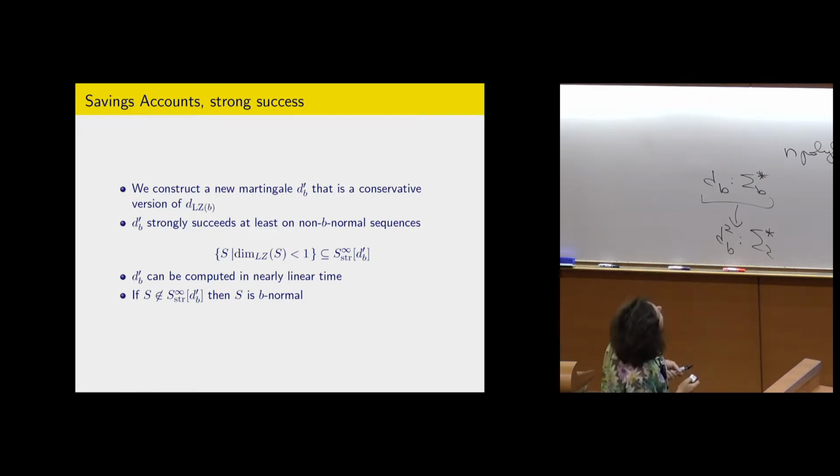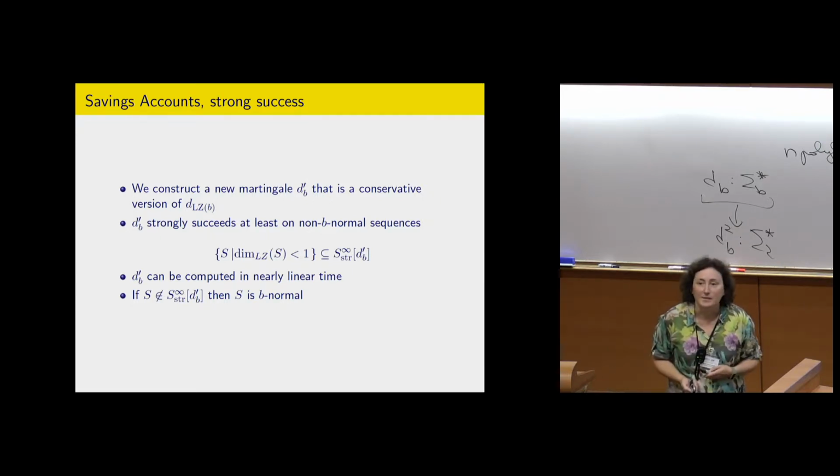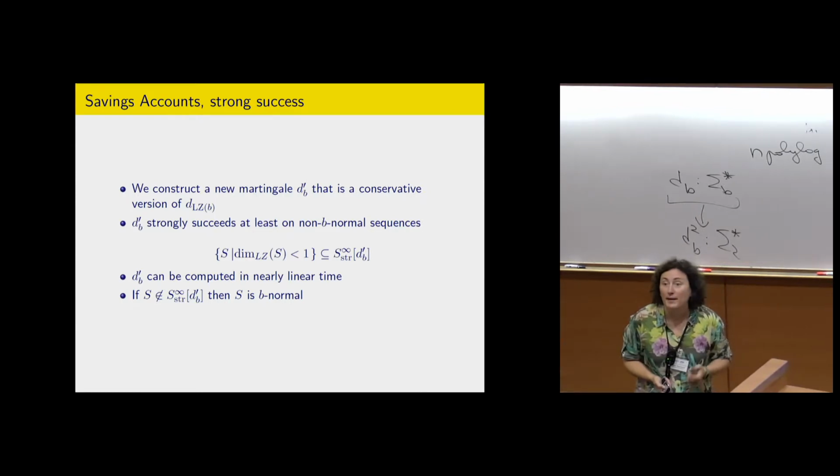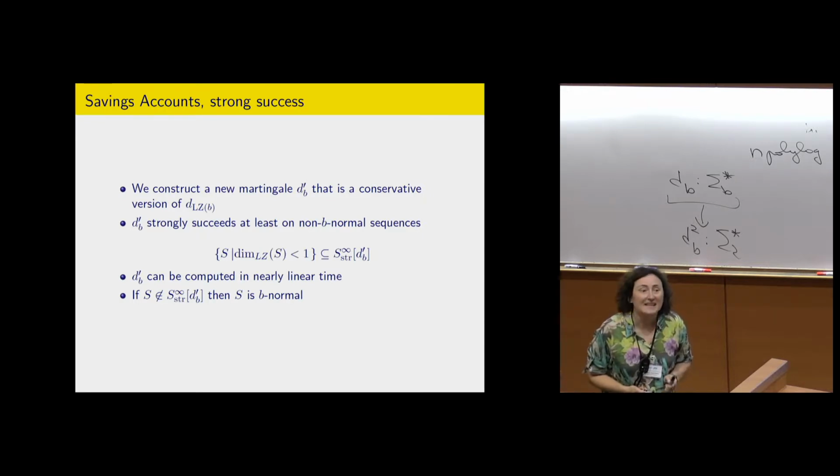Well, I will not get into more detail, but we can construct a new martingale that is a conservative version of the Lempel-Ziv martingale for base B. So we are still in base B. D prime of B still deals with finite strings over sigma B. But now, for the sequences that are not normal for base B, that is sequences for which Lempel-Ziv dimension is less than 1, you have a strong success.